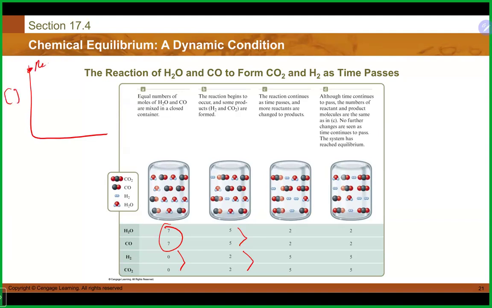In this situation, if you start with all reactants and really no products, what you will typically see is your reactants start to decrease because the forward direction will occur, and you will start to see your products start to increase.